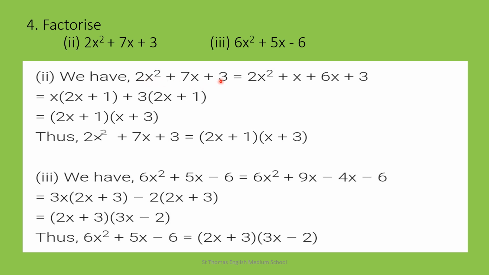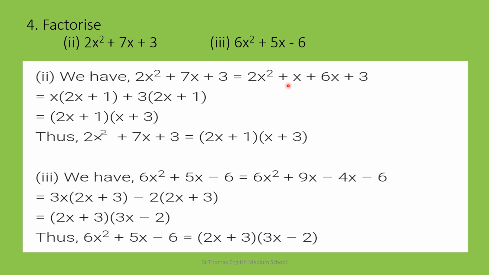So you are getting the two numbers as 1 and 6. Its sum is 7 and the product of 1 and 6 is 6. So you rewrite the given polynomial as 2x square plus x plus 6x plus 3.